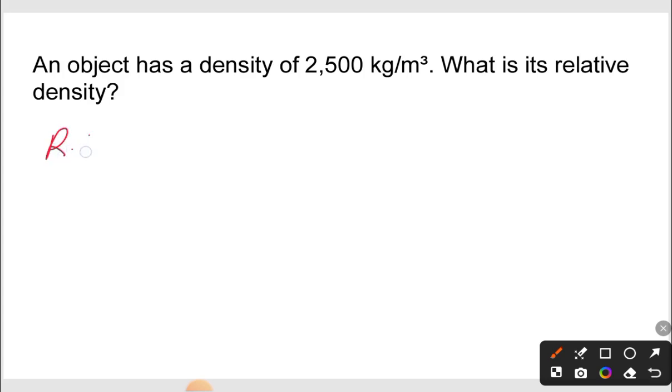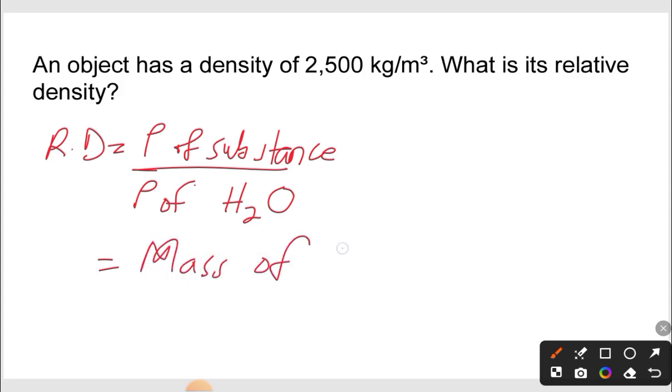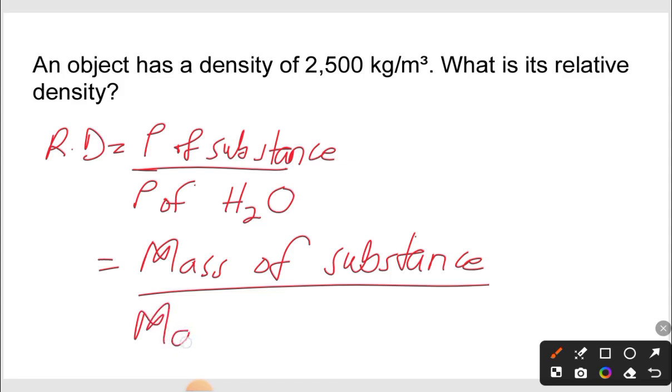So relative density equals density of substance over density of water. Relative density could also be mass of substance over mass of water.